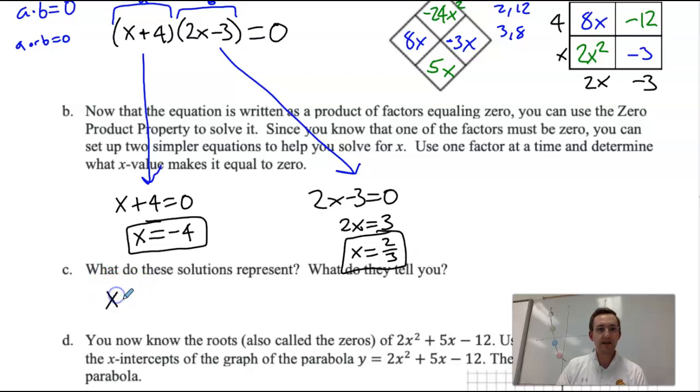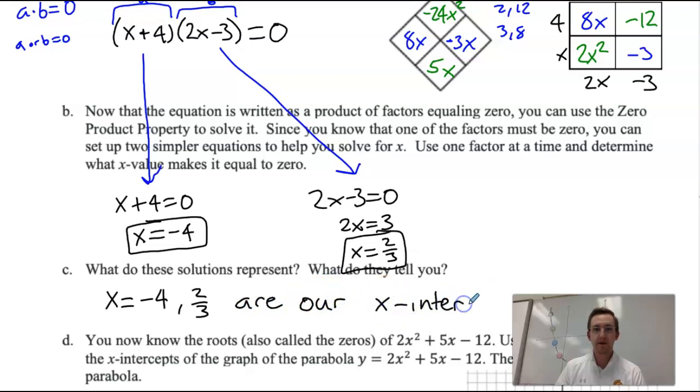So x equals negative 4 and x is equal to 3/2 are our x-intercepts for this parabola.